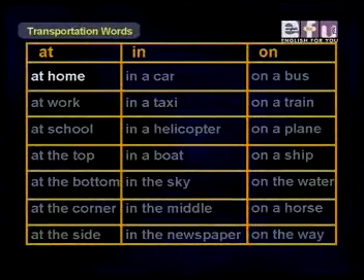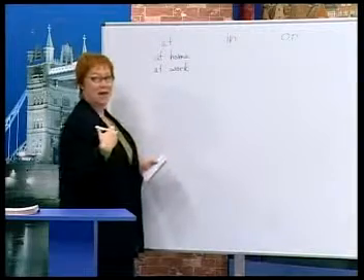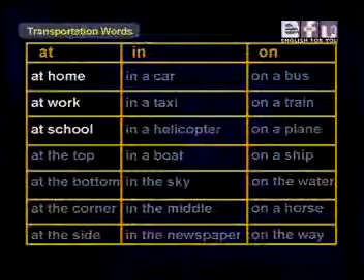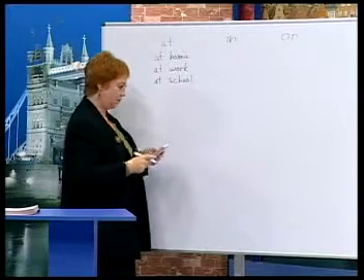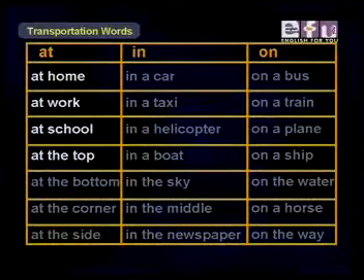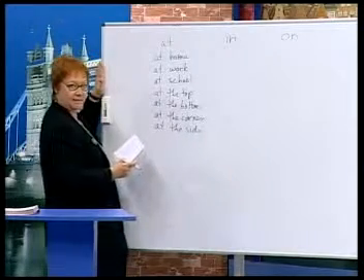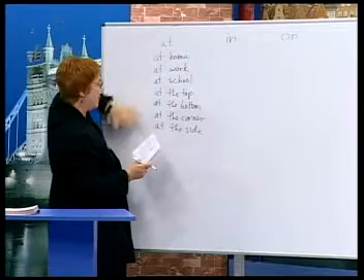At home, at work, I am at work, at school, the student is at school, at the top, at the bottom, at the corner, and at the side. At the side. Okay? Now, these are at.